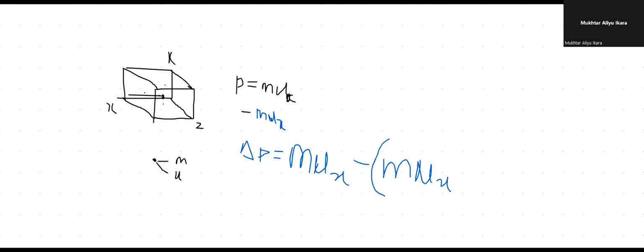Minus times minus is plus. So the change in momentum is equal to 2mux square. This is how our change in momentum is going to be.